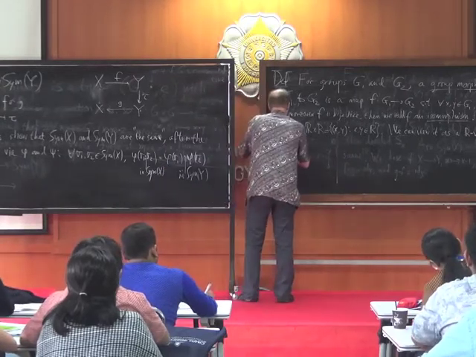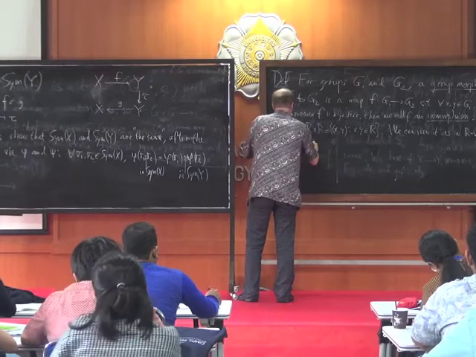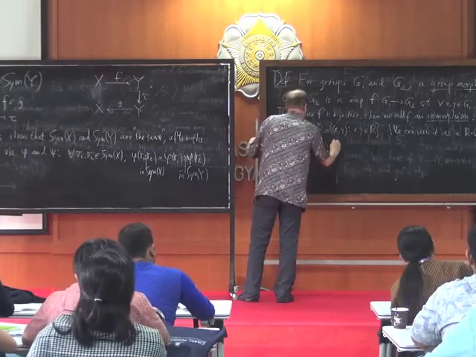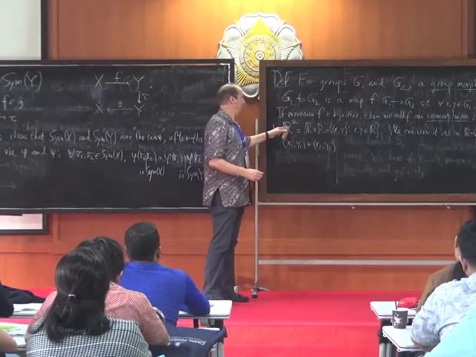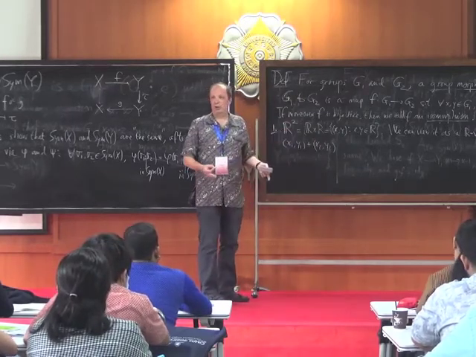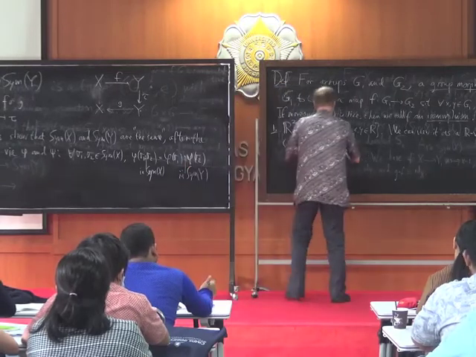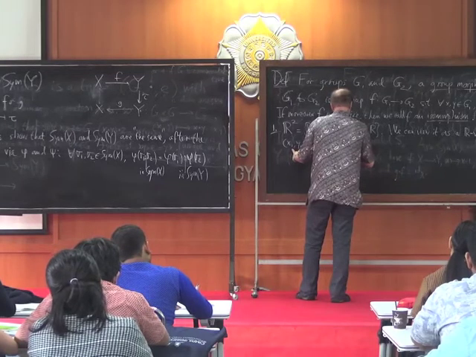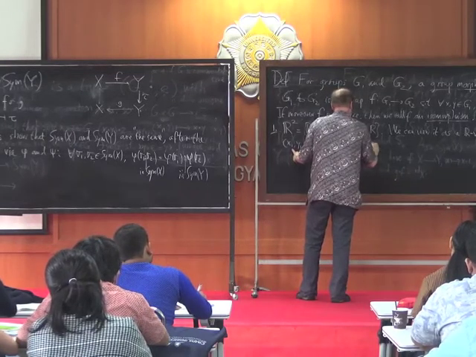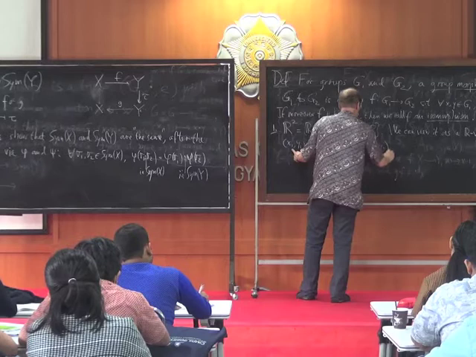So x1, y1 plus x2, y2. To do a vector space, I first have to have a group structure where the group operation is called plus. So by definition it is x1 plus x2, y1 plus y2, okay?